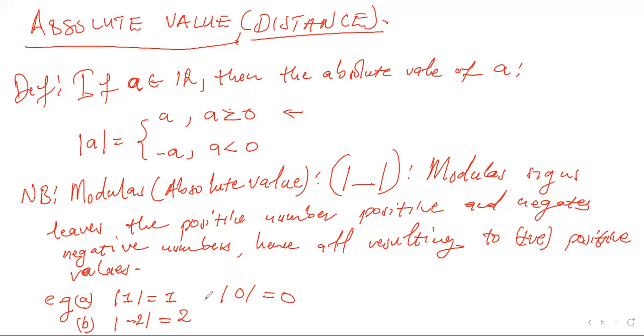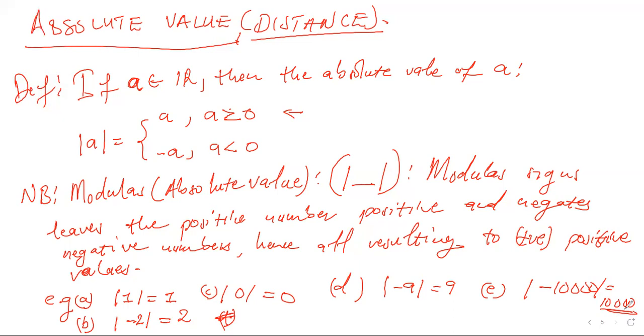And then D: the absolute value of -9 will always be 9, positive. E: the absolute value of negative that, it's always going to be that number, 10,000. That is how absolute values work.